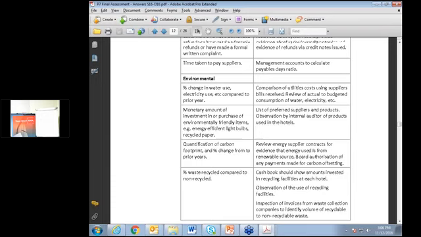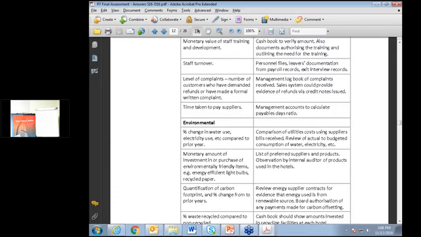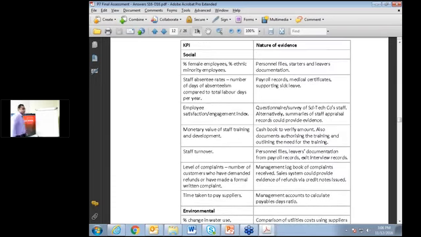Now, associated with each of the issues that you identified, you should be able to come up with the nature of evidence that needs to be described, right? And for each of them, it would be different. So to identify how many employees are female, you would actually have to go through the personal files to find out how many of them are actually females, right?